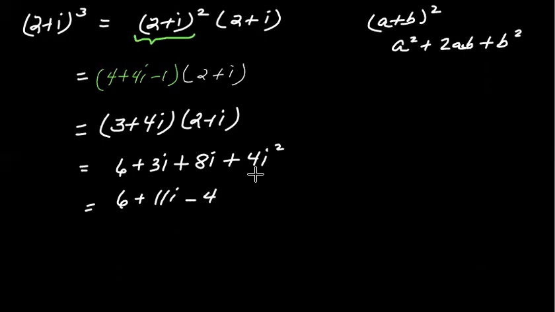Again, how do we get minus 4? Because i squared is minus 1. 6 minus 4 is 2 plus 11i. This is our answer. Okay.